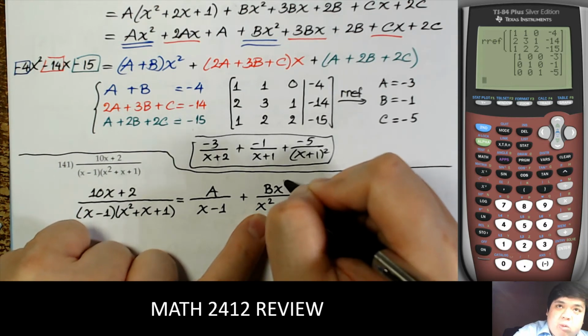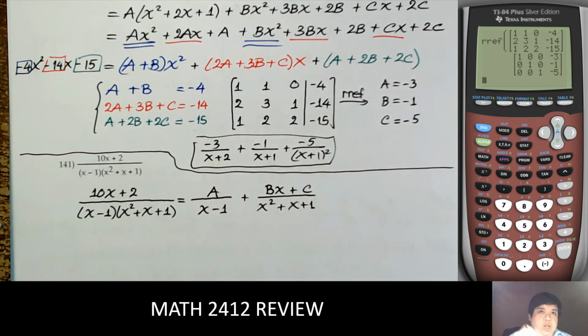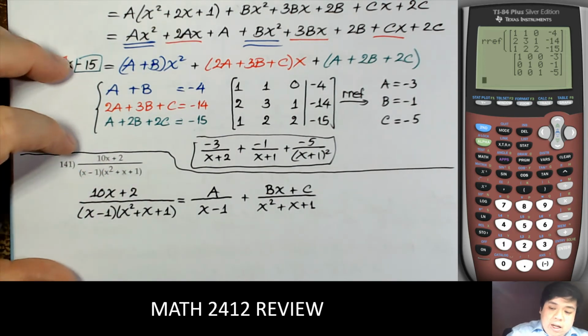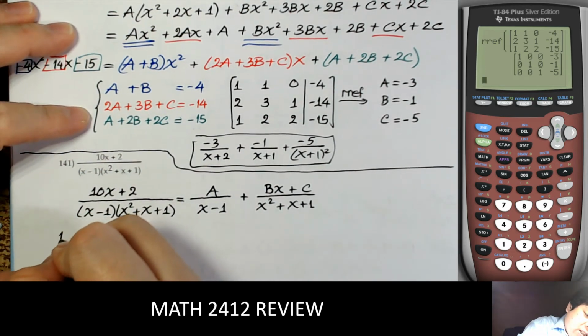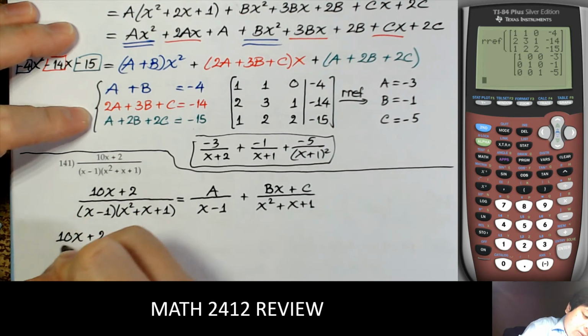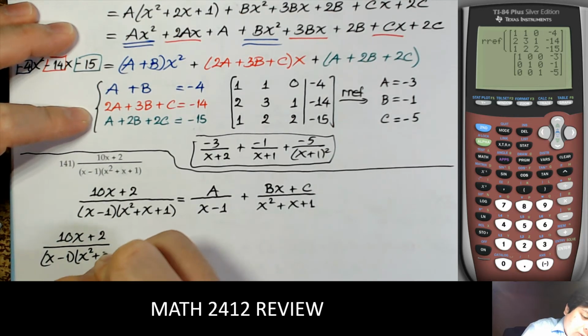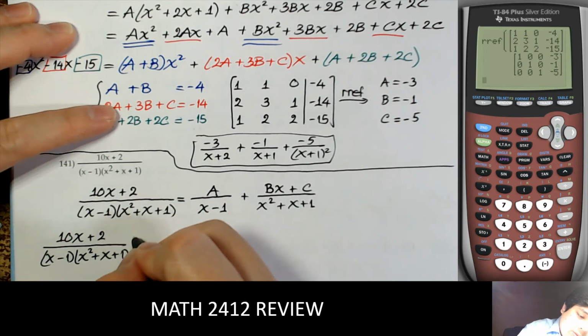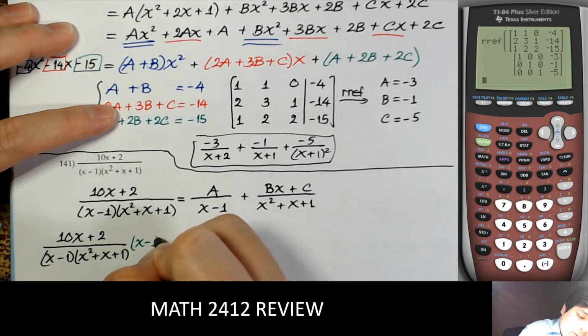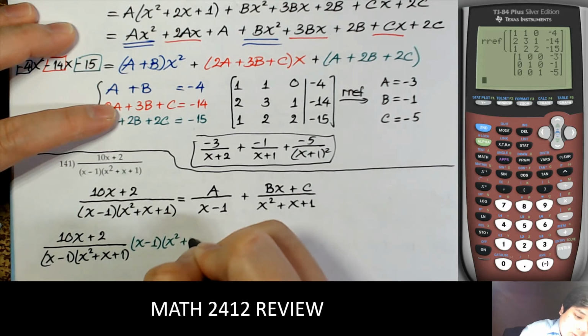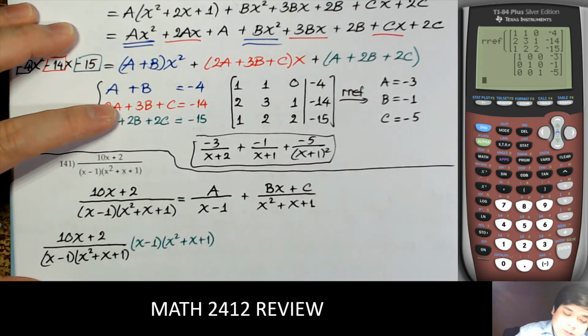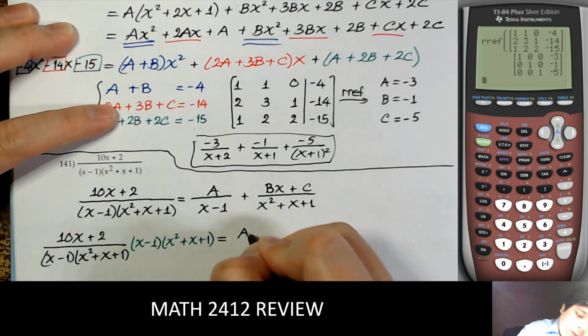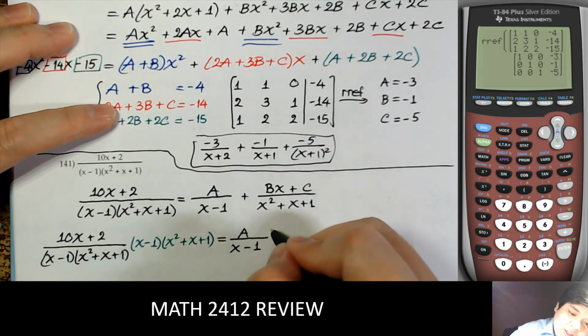So we should have degree 1 over degree 2, which is good. Then multiply by the least common denominator.